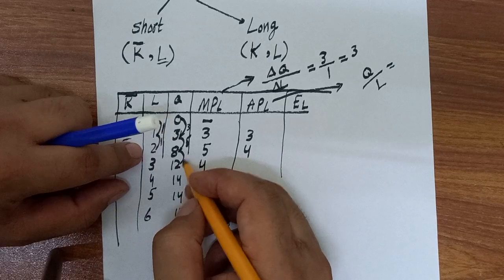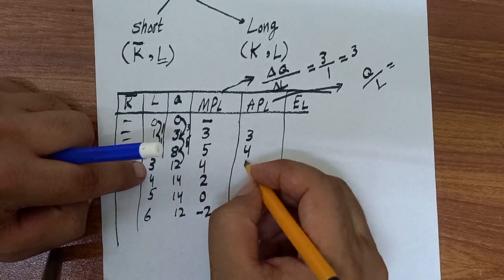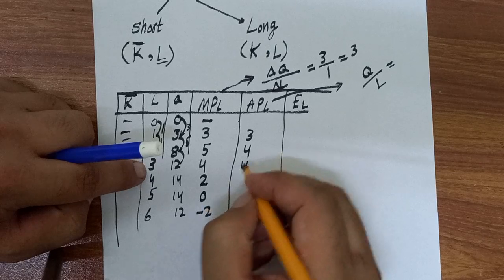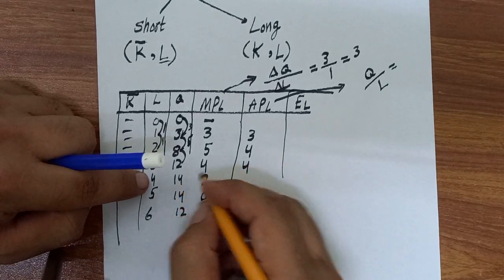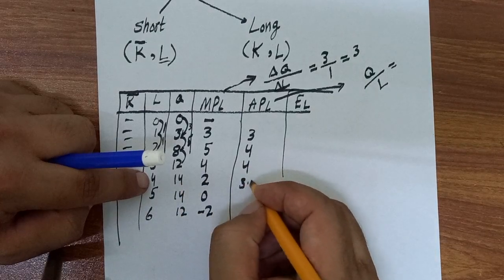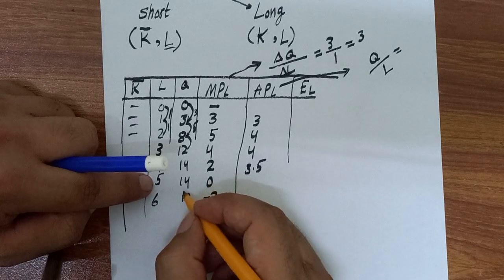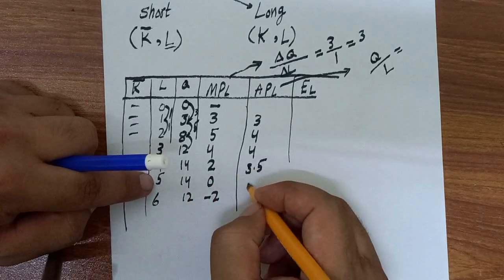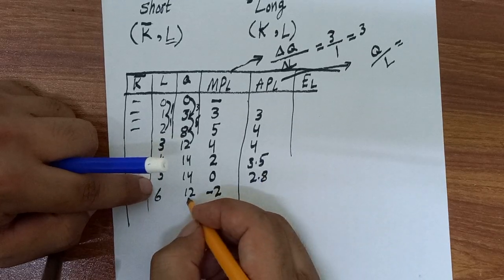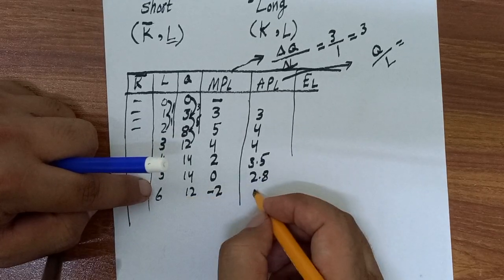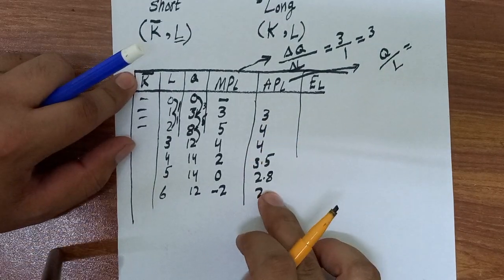Next we have 12 divided by 3, again we will get 4. 14 divided by 4 we will get 3.5, and 14 divided by 5 we will get 2.8. Here we have 12 divided by 6 we will get 2. So these are the averages.